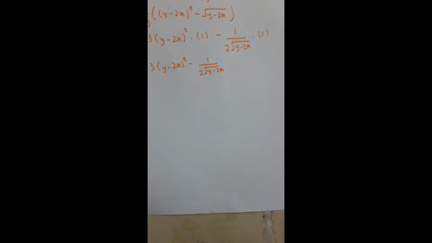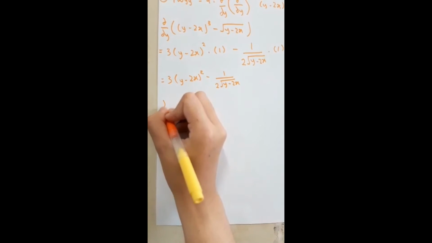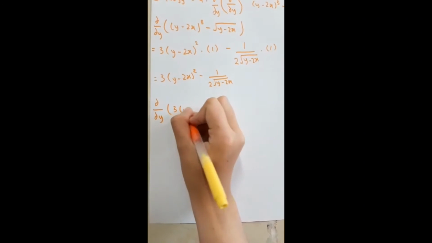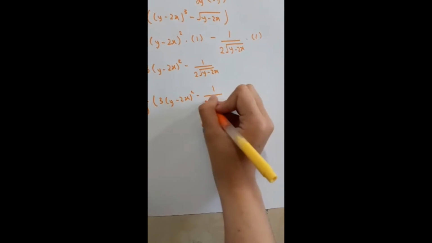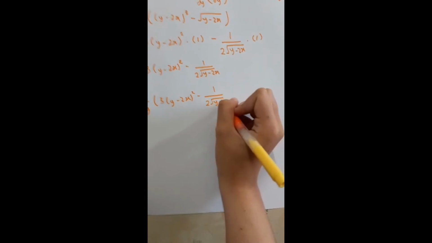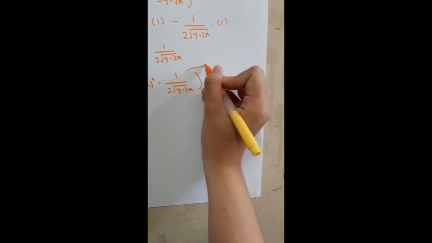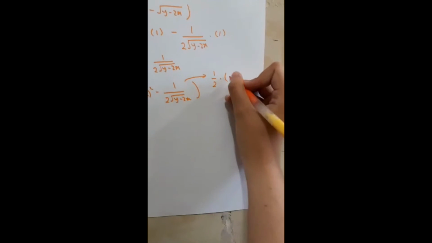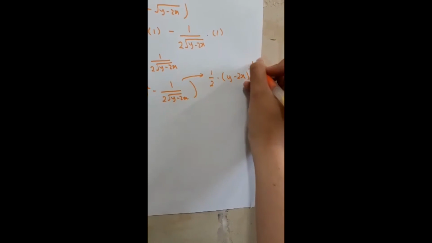Okay, so we will differentiate again with respect to y. So del over del y of 3(y minus 2x) squared minus 1 over 2 square root of (y minus 2x). Again, we must simplify this function, which is 1 over 2 times (y minus 2x) to the power of negative half.